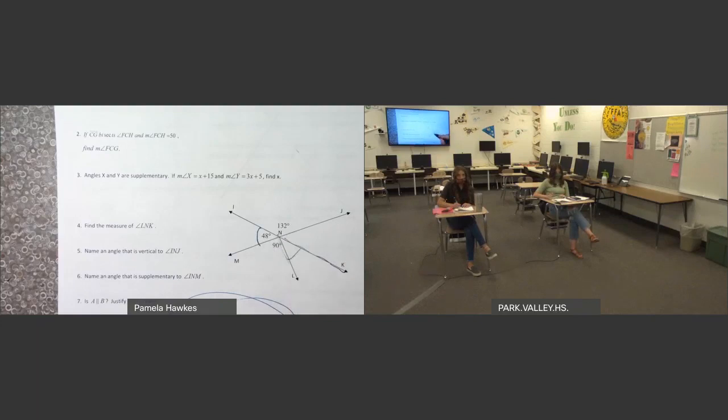This is 48, so which one over here is 48? K, who said K and J? Good, Chloe. Why is this one 48? Because they're vertical. So how big's this one? Why is it 48? You gotta have a reason.